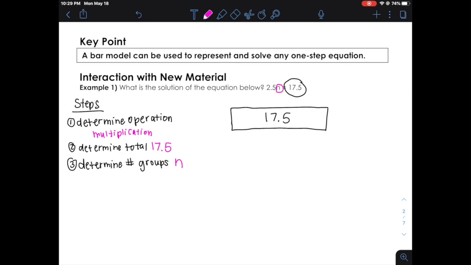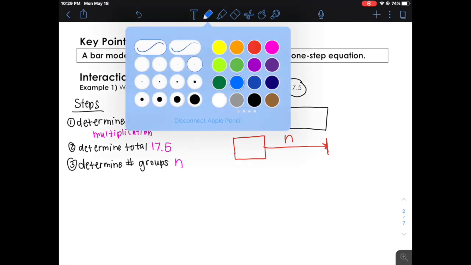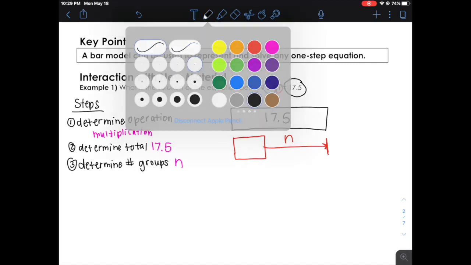So remember I taught you yesterday that when you do this, we're going to draw one box, and then we're going to draw an arrow all the way to the end where they would match up, and we're going to label this n.